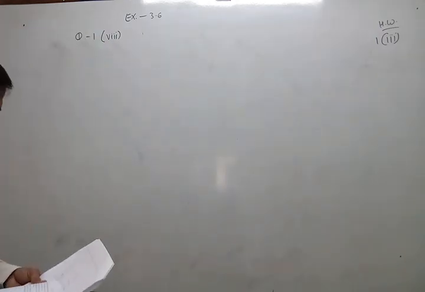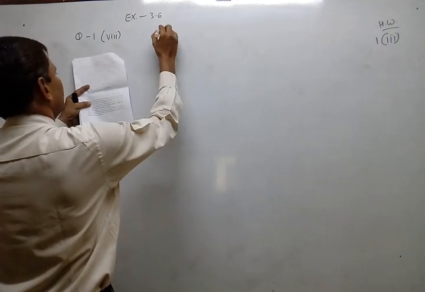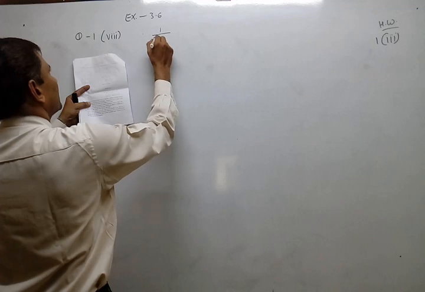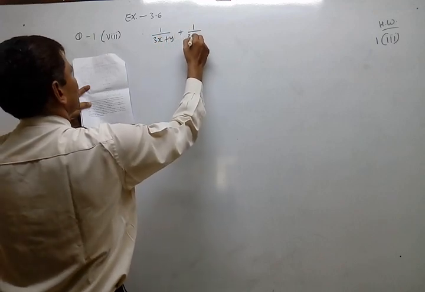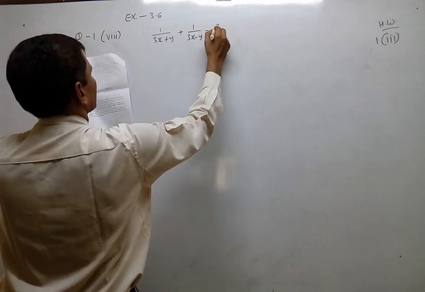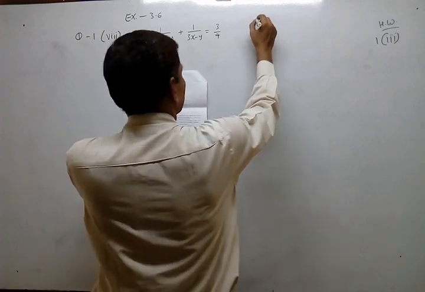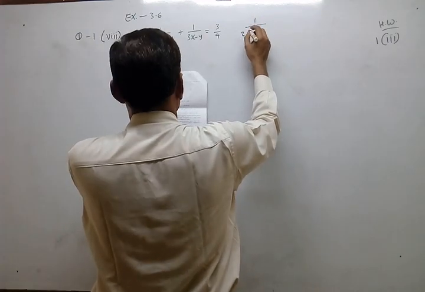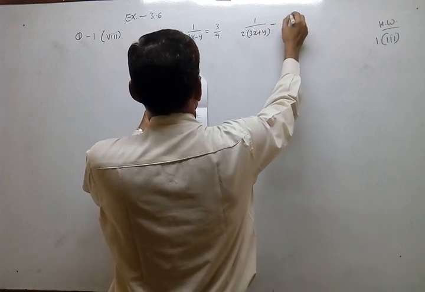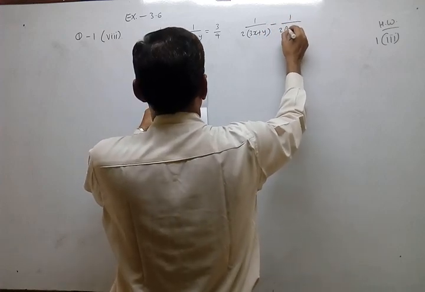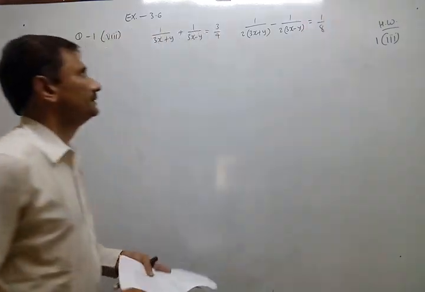Here also binomials are given, two variables together: 1 upon 3x plus y plus 1 upon 3x minus y equal to 3 by 4. Then 1 upon 2 times 3x plus y minus 1 upon 2 times 3x minus y equal to 1 by 8.